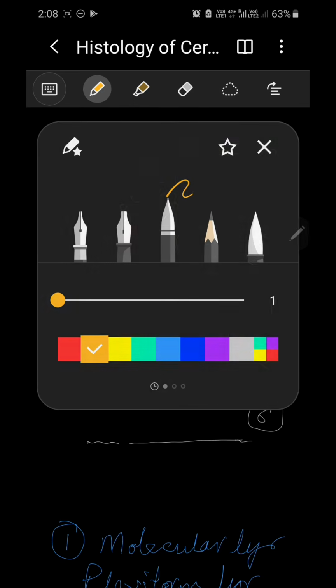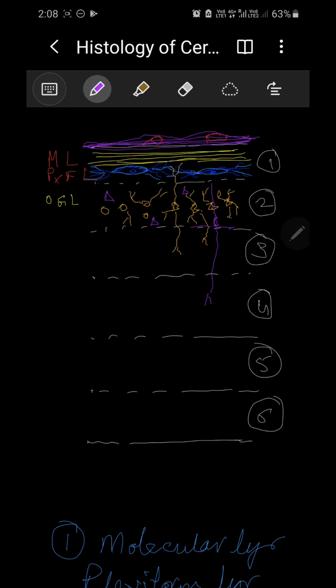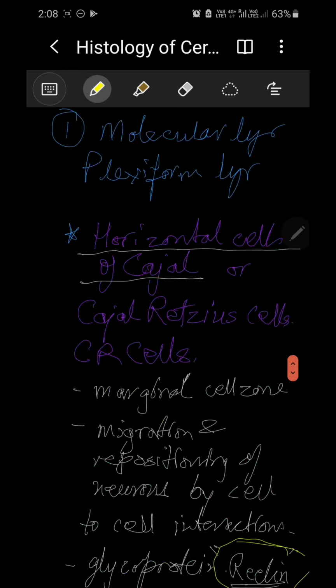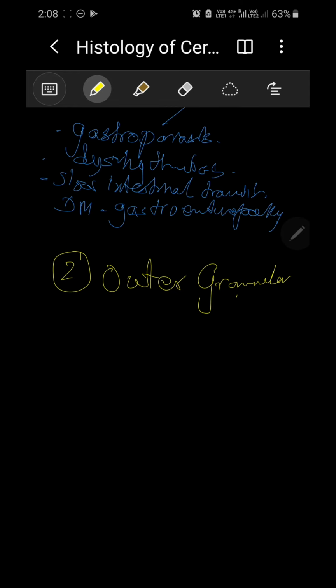Now the next layer is the outer pyramidal layer. But why leave this layer? Let's describe a little bit about it. The second layer, as I told you, was the outer granular layer. I'm drawing a zoomed diagram. These are the different types of cells you will find there.